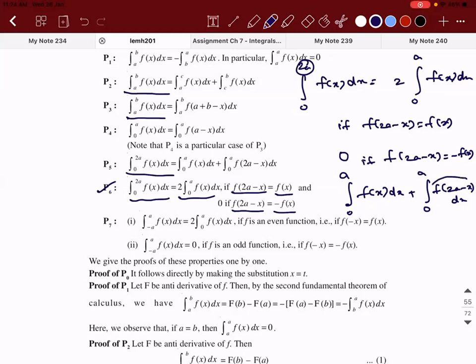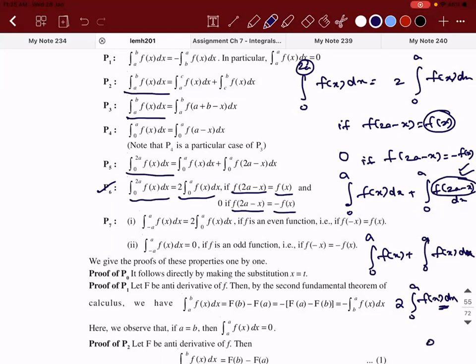Now, if f of 2a minus x is equal to f of x, then I'll have integral of 0 to a f of x plus integral of 0 to a f of x dx. So this will become 2 times integral of 0 to a f of x dx. Whereas sometimes you will have f of 2a minus x is equal to minus of f of x. In that scenario, you will get the value as 0.